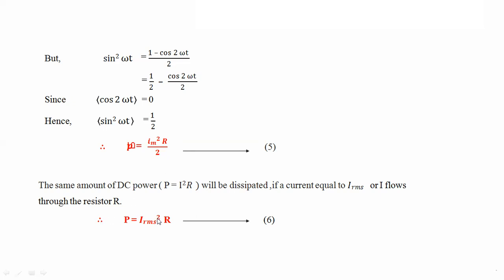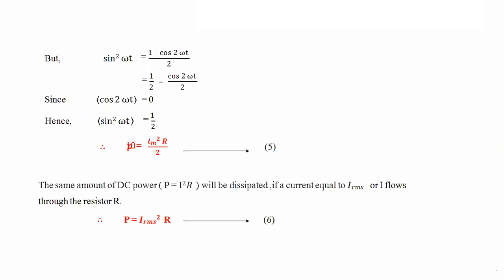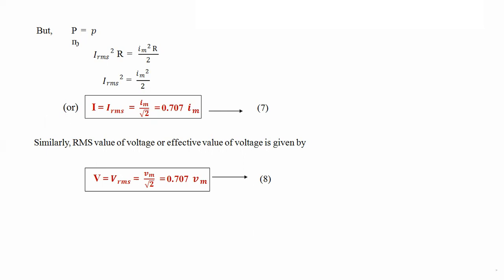The same amount of DC power, P is equal to I square R, will flow through that circuit and dissipate the energy. If a current equal to I RMS flows through the resistor R, then P is equal to I RMS square into R. But P is equal to P average, so comparing these two equations, I get I RMS square R is equal to Im square R upon 2.